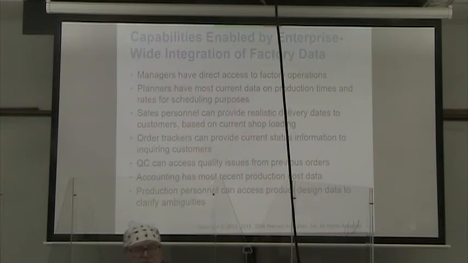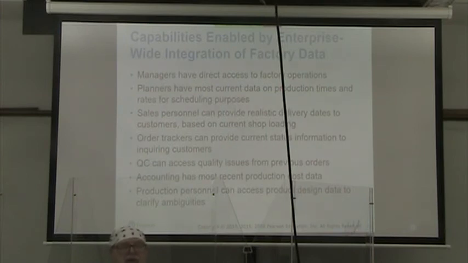Our sales personnel can give better delivery dates to customers based on the amount of loading in our factory. Our order trackers can give current status information to our customers.